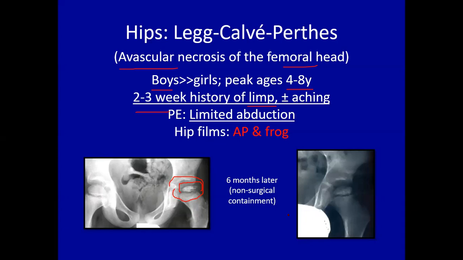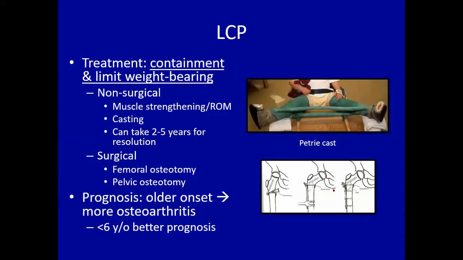Now, this is after non-surgical treatment, so you can see that the head is looking a lot better. This kid's probably always going to have a hip problem, but at least we've got it. There's some other treatment for it. So you can do non-weight-bearing treatment, these serial casts, which just look terrible. But look at this, 2 to 5 years to resolve. So that just sounds terrible.